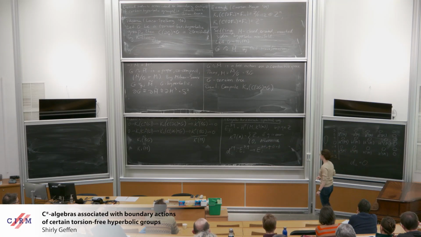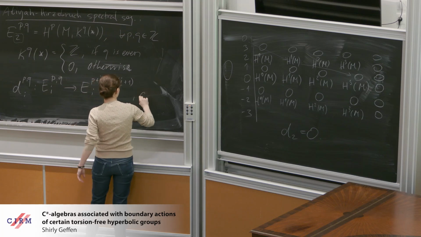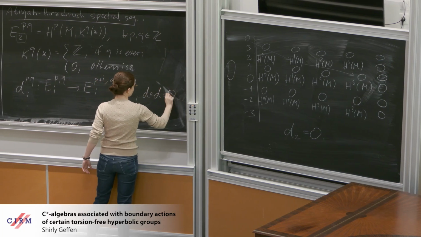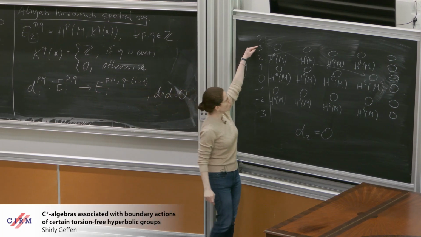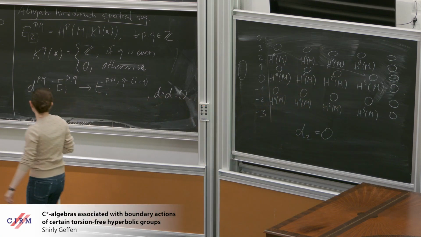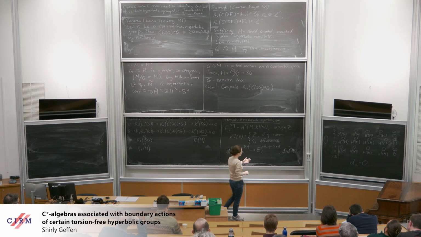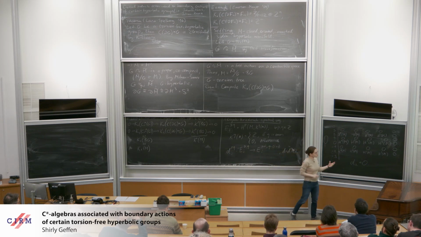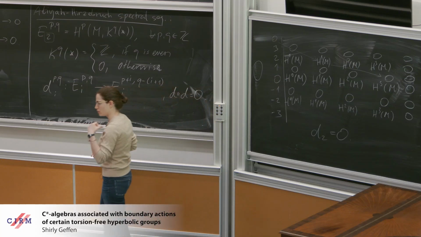And I haven't said also that the condition is that if you compose them, whenever you can compose them, you get 0. So if you compose this one and go on with this one, then it must be the 0 map. That's another condition. And the next page, in our case the third page, is just the homology of the second page.